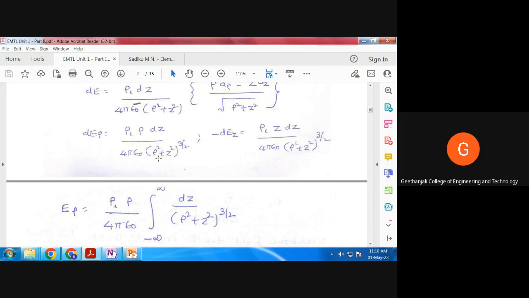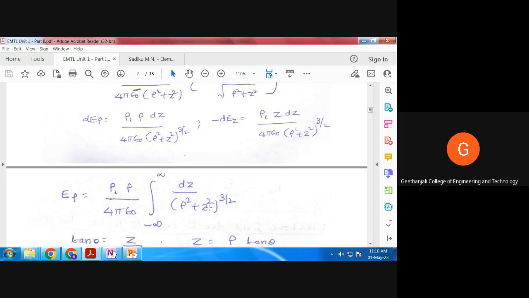When I consider the whole line charge extending from minus infinity to plus infinity, what is the total rho component of the electric field? I need to integrate this. So rho L into rho by 4 pi epsilon naught, integral from minus infinity to infinity, dz divided by root of rho square plus z square whole to the power of 3 by 2.